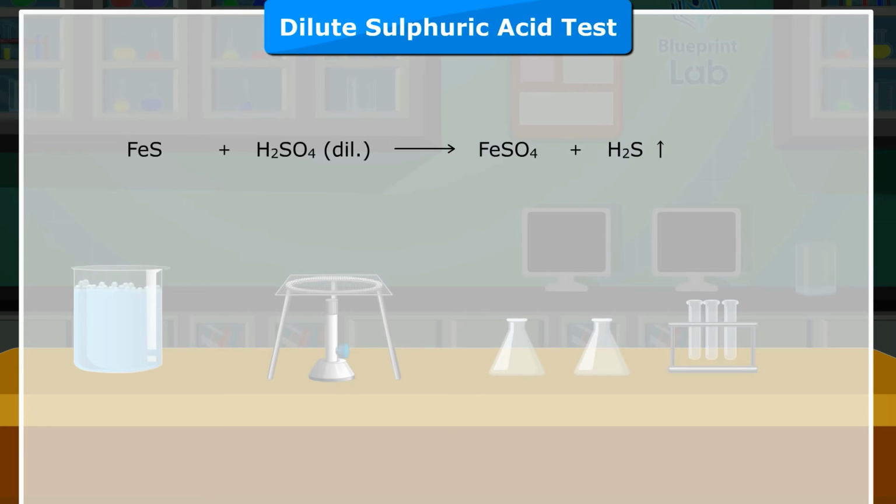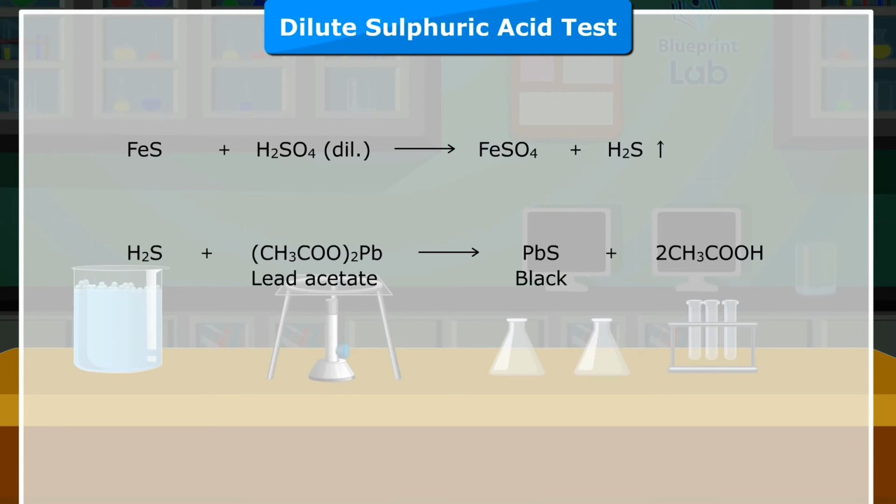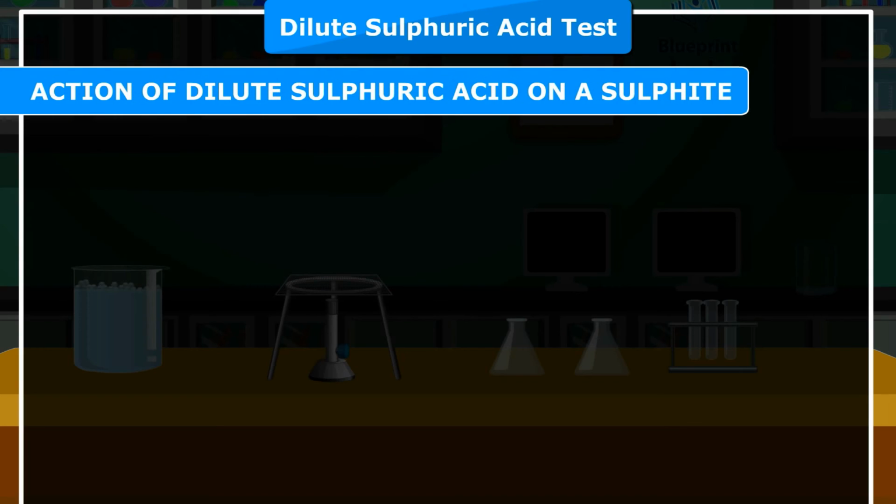FeS plus H2SO4 (dilute) gives FeSO4 plus H2S. H2S plus (CH3COO)2Pb, lead acetate, gives PbS (black) plus 2CH3COOH.